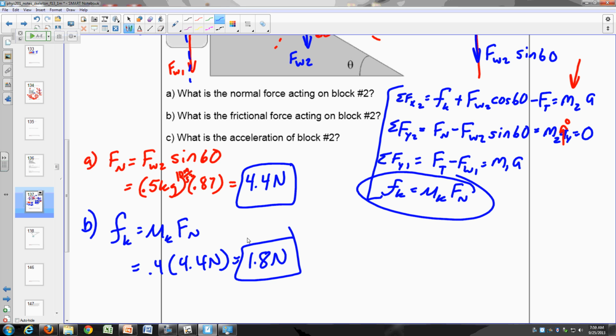By the way, guys, if you write these equations out correctly, that'll be a good portion of the credit. So even if you don't solve them correctly, I'll give you a good portion of it if you just write them correctly.